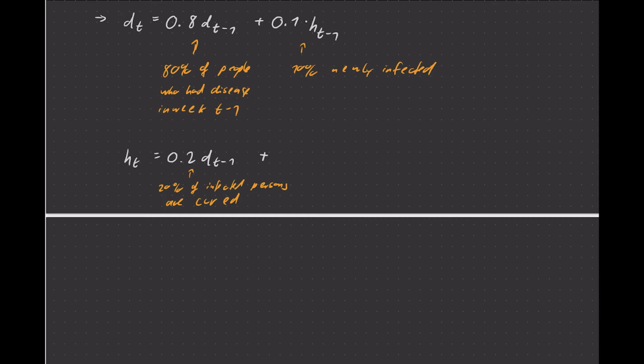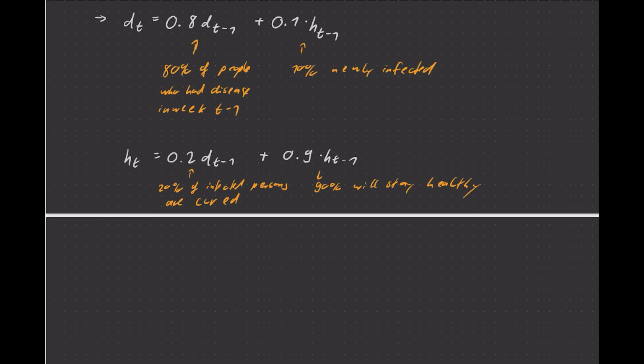And of course, people who were healthy in the week before will hopefully stay healthy, with the exception of 10% that are newly infected. So that leaves 90% of the formerly healthy people that will stay healthy. So that's this factor here. 90% will stay healthy. And basically that captures the dynamic of our disease here.